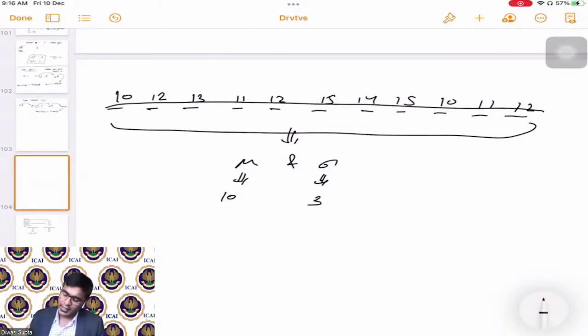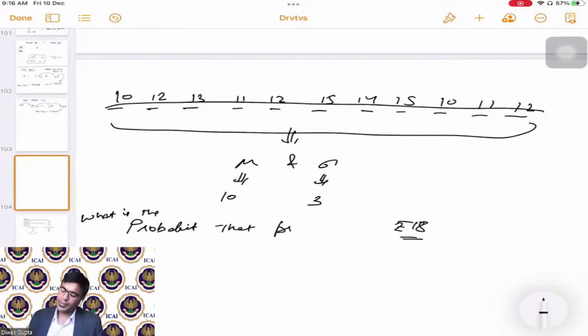The probability that tomorrow the price will be 18 rupees. So, what is the probability that the price is rupees 18 tomorrow? This question is answered by the normal distribution.